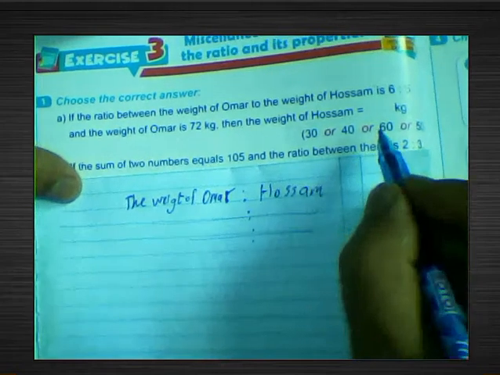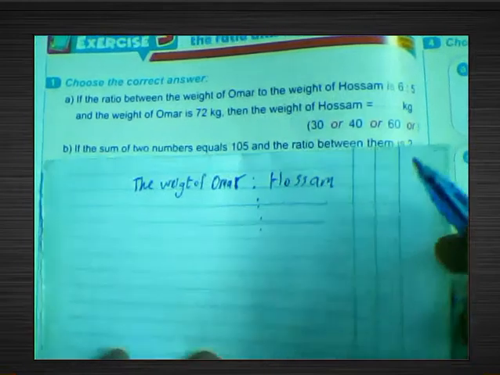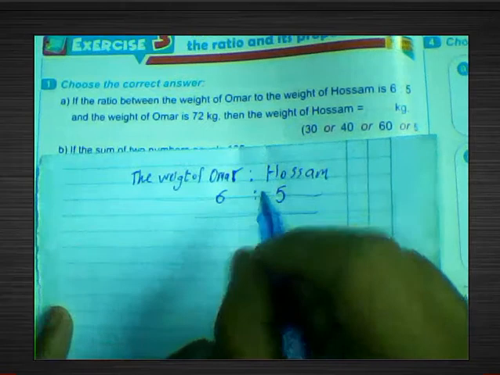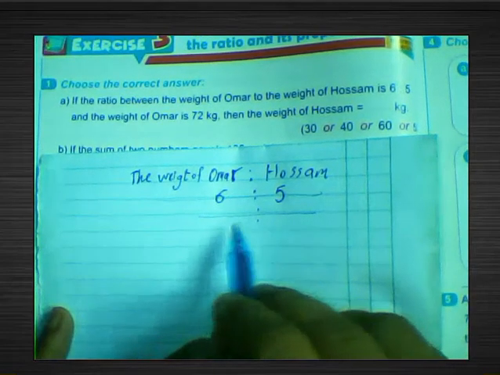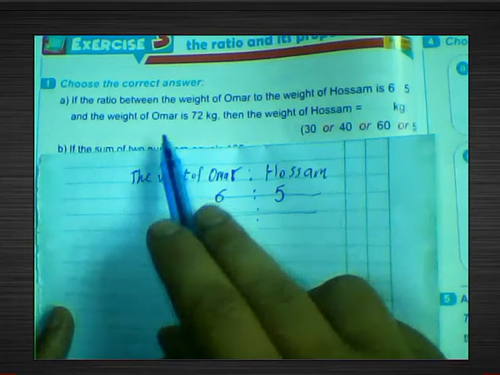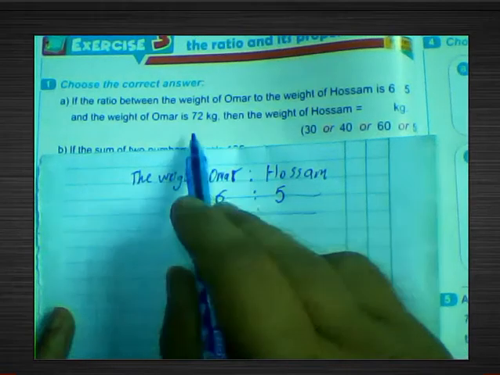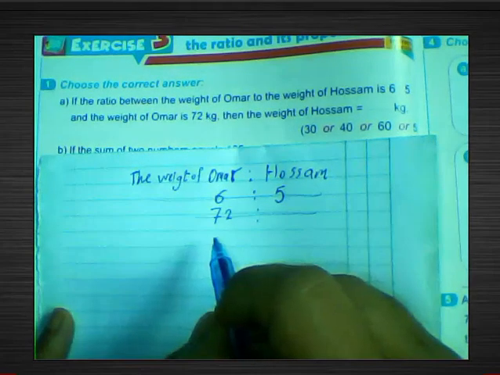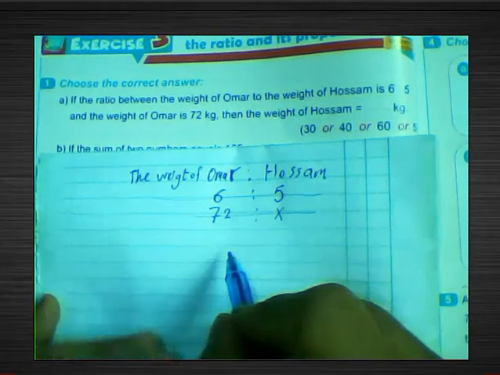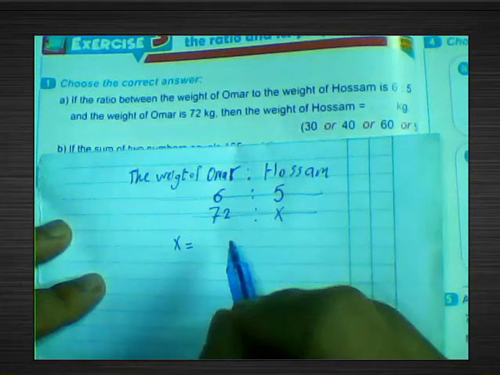First, we write the ratio between Omar and Hussam, 6:5. And in the other line, we write 72 kilograms under Omar, because it is the weight of Omar. Another step, we write X here, and X refers to the weight of Hussam.